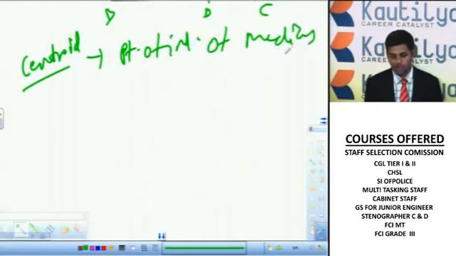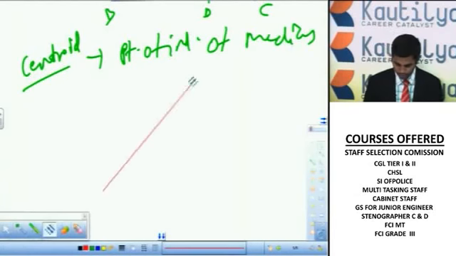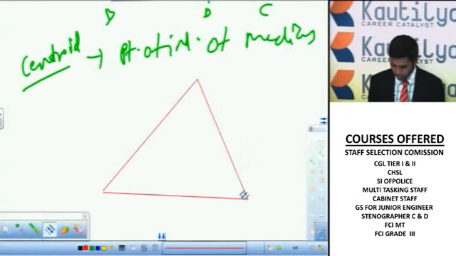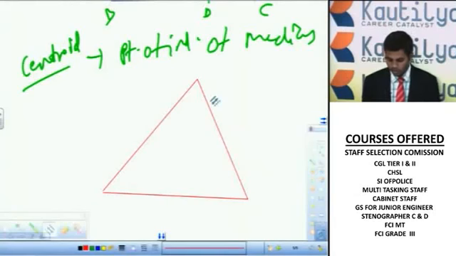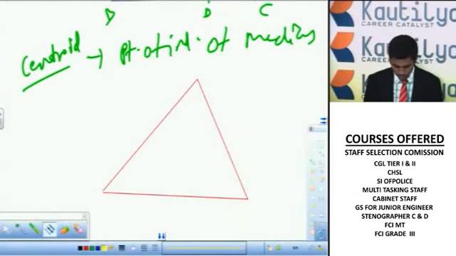A median is the line which divides the other side into two equal halves. So let us assume this as a triangle. So the medians.